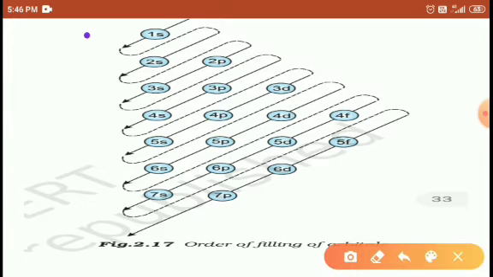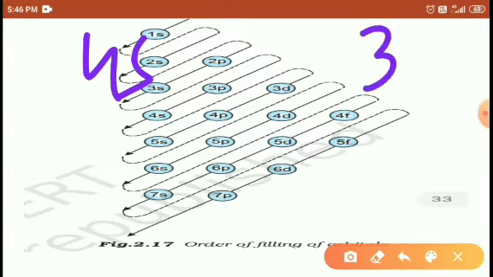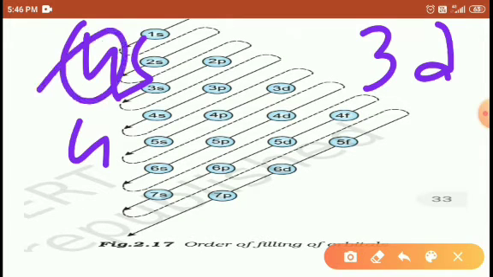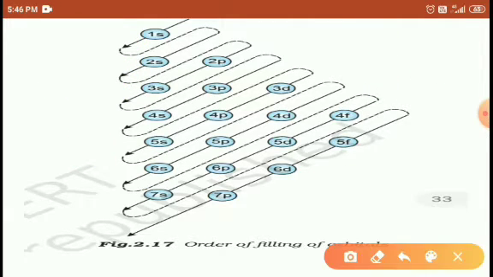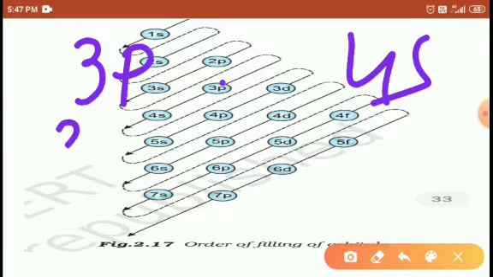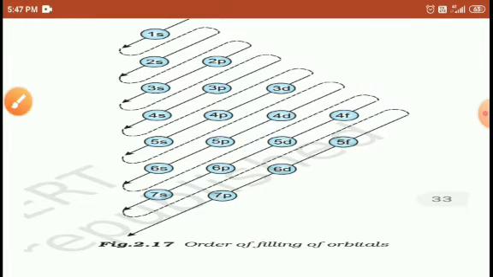When we compare 4s and 3d, the 4s orbital has the smaller energy compared to 3d. Right, students? So after 3p we shift to 4s. Why does this happen? Look here, students, the 3p and 4s orbitals.